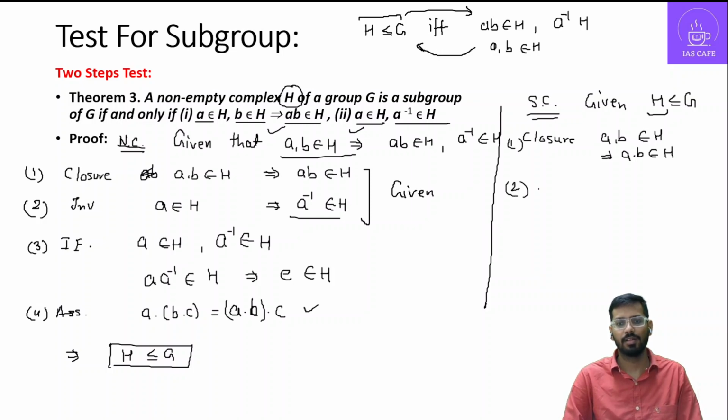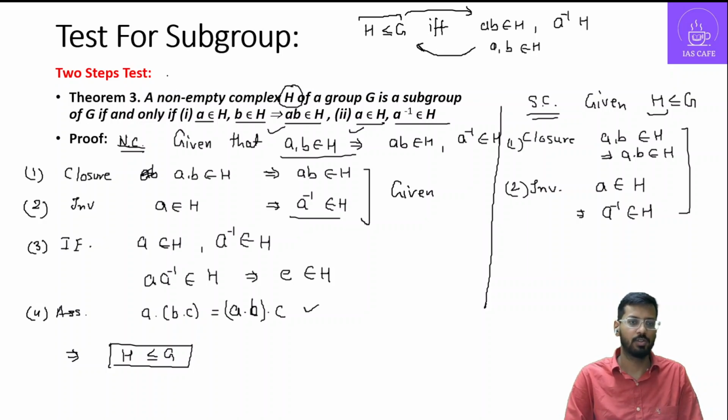And by the inverse axiom, if a belongs to H, then A inverse belongs to H. So these two are also satisfied. So we have proved the necessary condition and we have also proved the sufficient condition. So this is the two-step test.